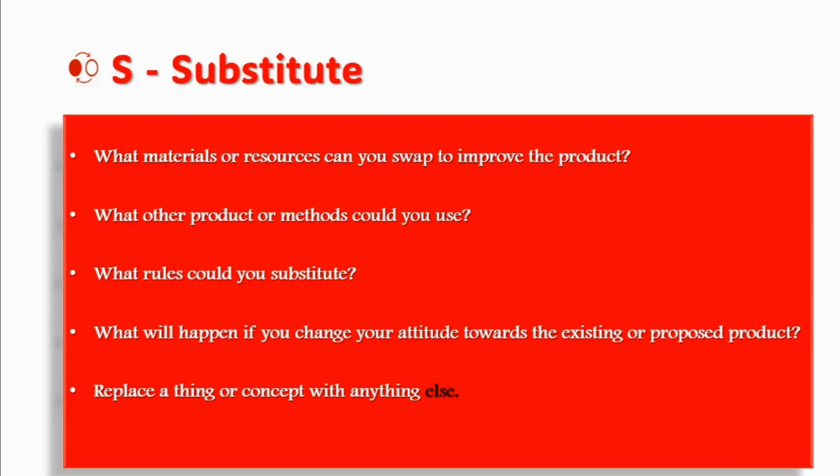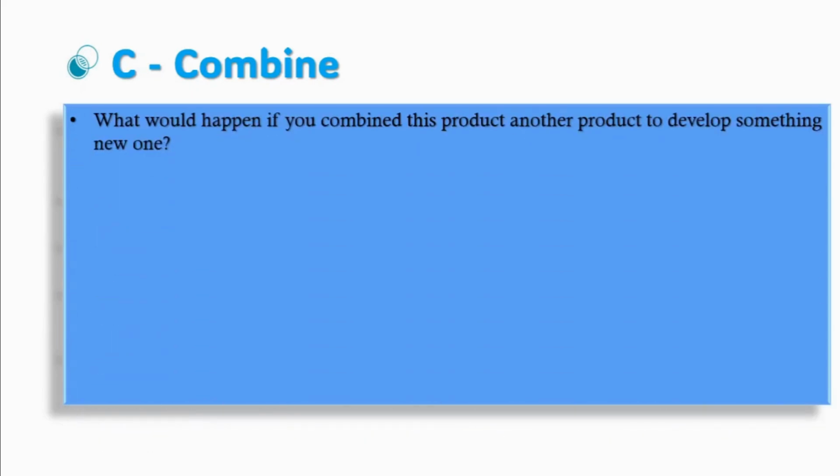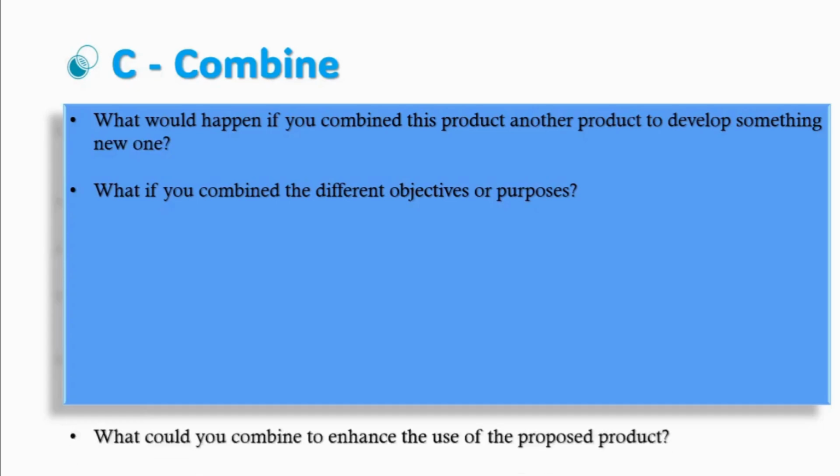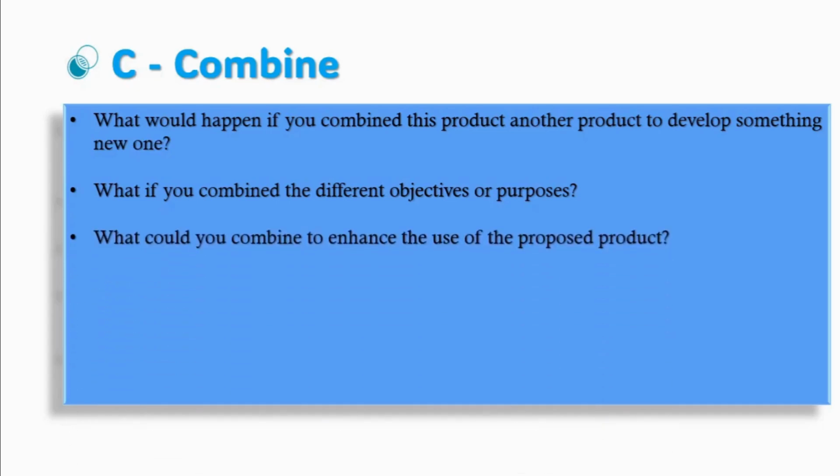Now let's move on to the next term, C for combine. While thinking about combine, you must think about questions like: what would happen if you combine this product with another product to develop something new? What if you combine different objectives or purposes? What could you combine to enhance the use of the proposed product?